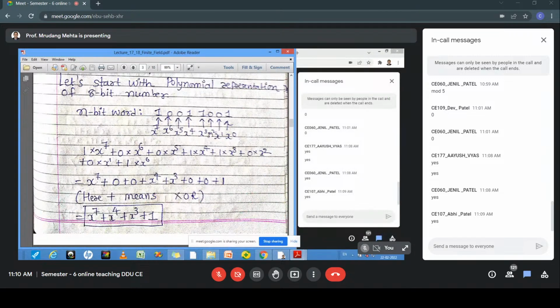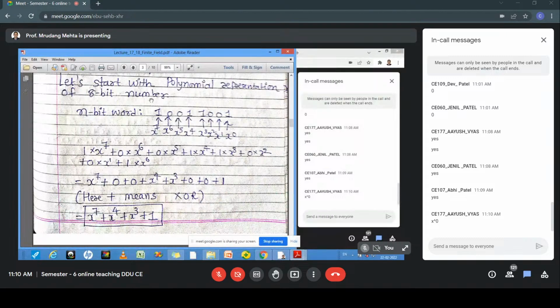So what we do, we write this polynomial x raised to 0, x raised to 1 with respect to each bit, and we can represent a polynomial as a x raised to n minus 1 plus b x raised to n minus 2 plus c x raised to n minus 3 up to d x raised to 0. That means d itself. So the last term is constant, right?